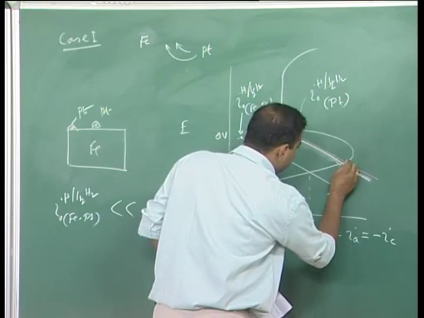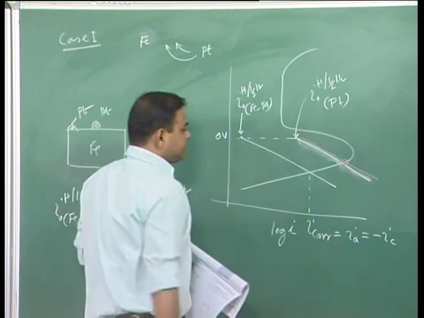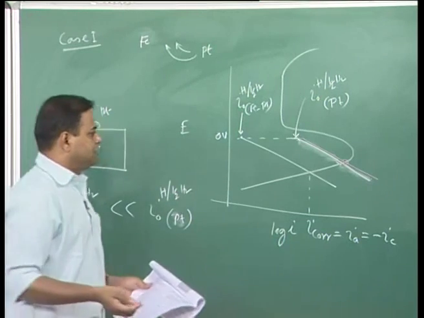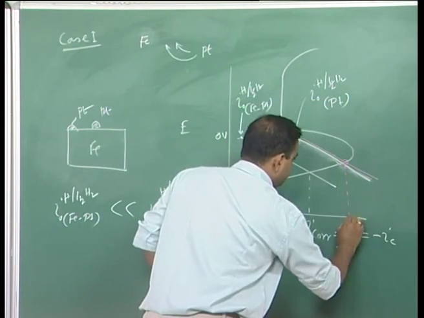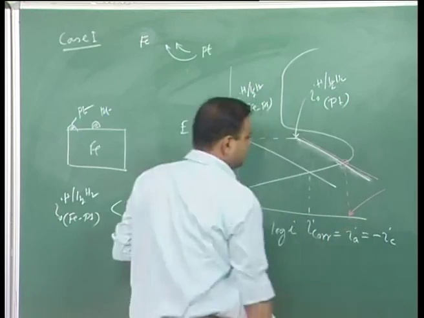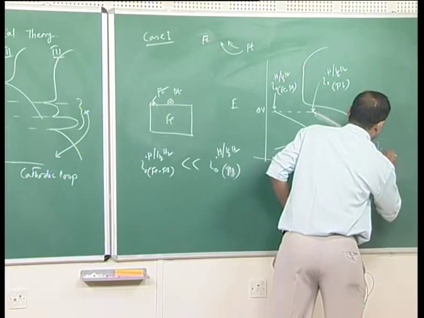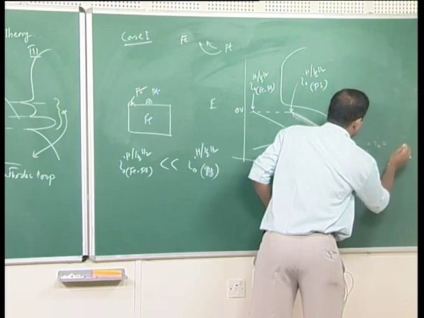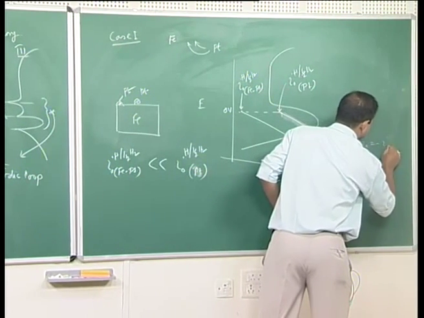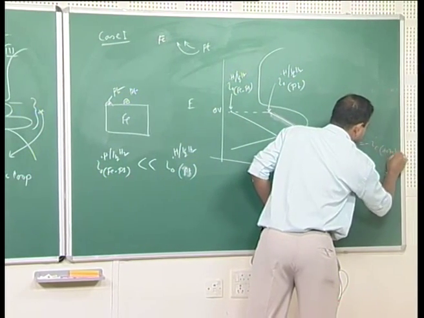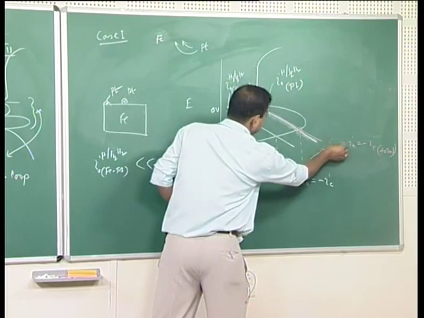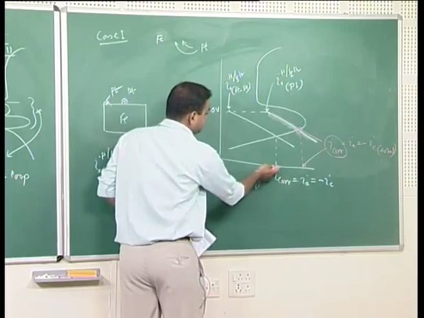What would be my new equilibrium point, where we have IA equal to IC? This is my new equilibrium point, where this is my I corr equal to IA equal to minus IC total. And here you see this is much higher than this.